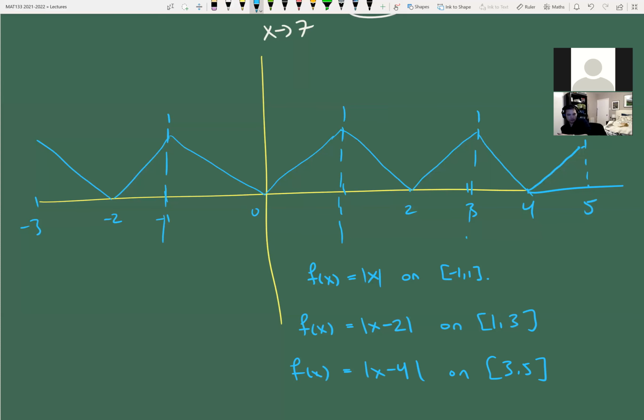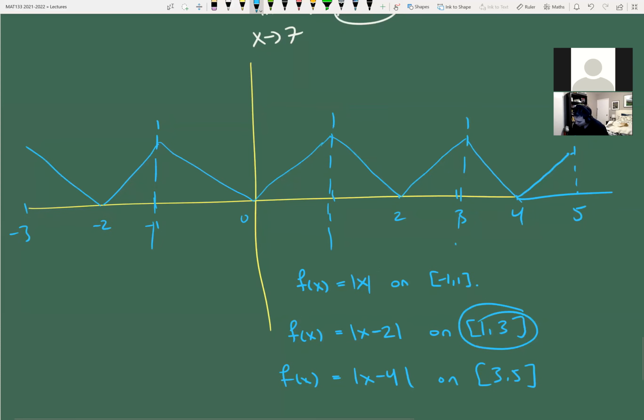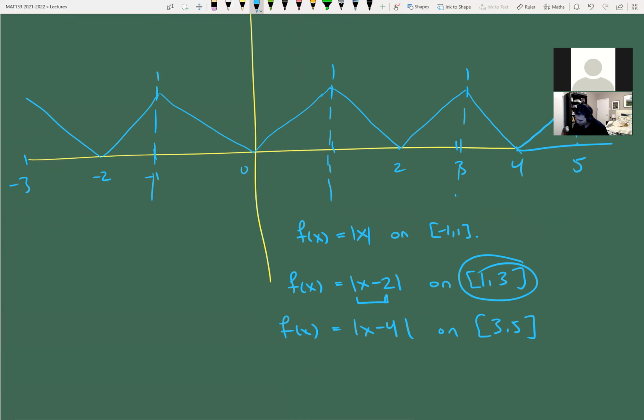I'm just focusing on the right here, because what I want to be able to say is, on this interval, I'm going to use the absolute value of x minus something. And what is that something? It's the midpoint of that interval.